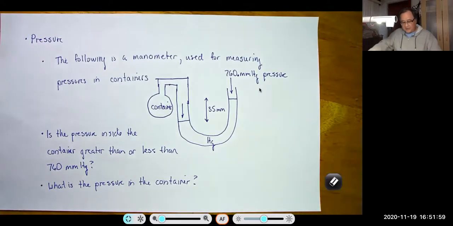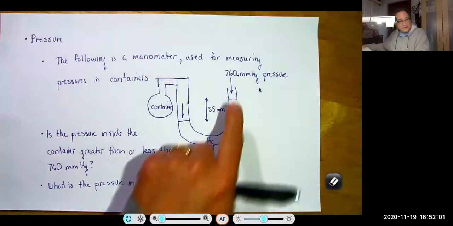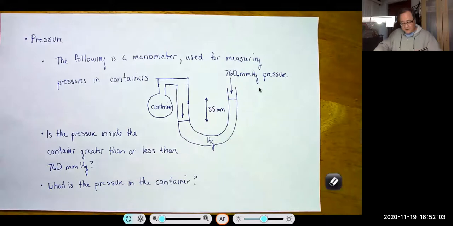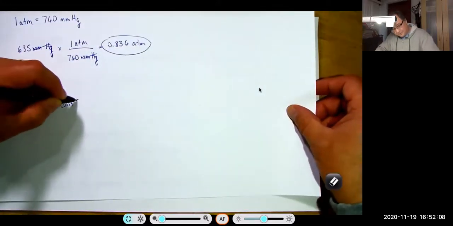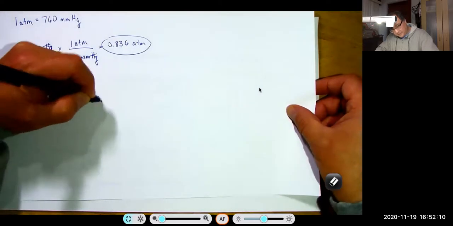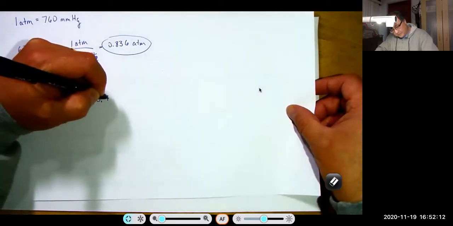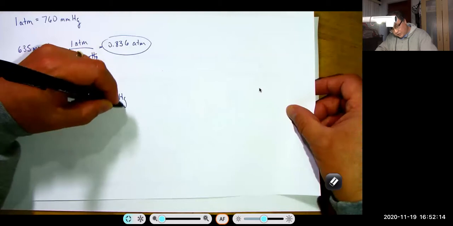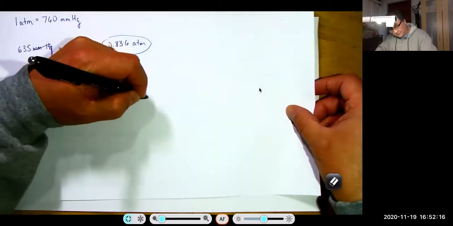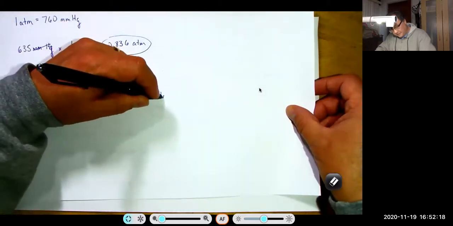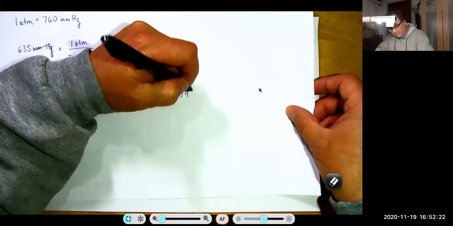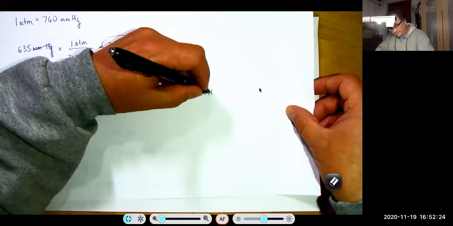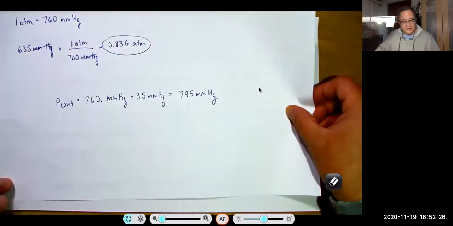Well, to do that, we simply take the 760 and add the 35, and the pressure inside the container is going to be the sum of the two. So we get 795 millimeters of mercury. So that's the pressure inside the container.